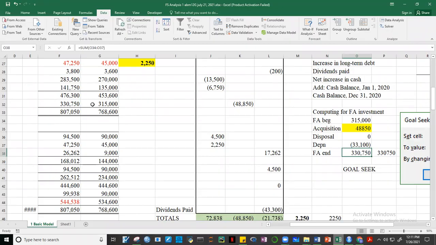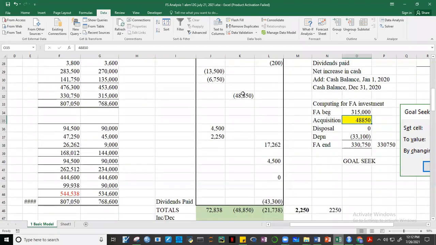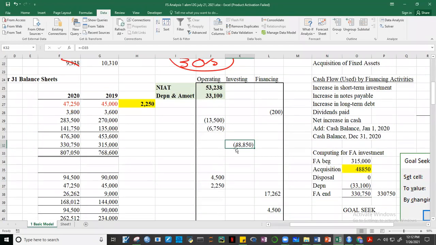So based on this, 315 and 330750, here we will be able to compute for how much was bought, no? Ilan yung bagong equipment na binili. Yun ang ito na yung papasok sa investing, hindi yung difference nito. Okay?